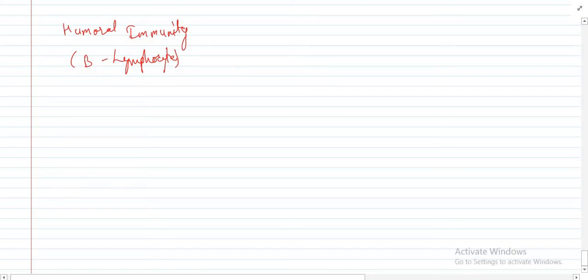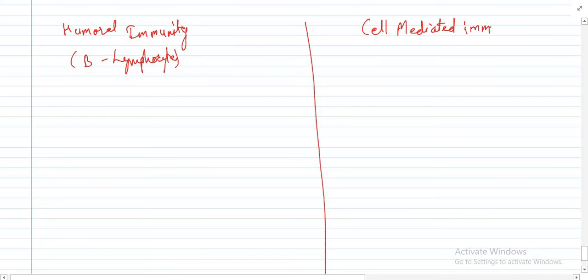The second part is cell mediated immunity, which is based on the T lymphocyte.